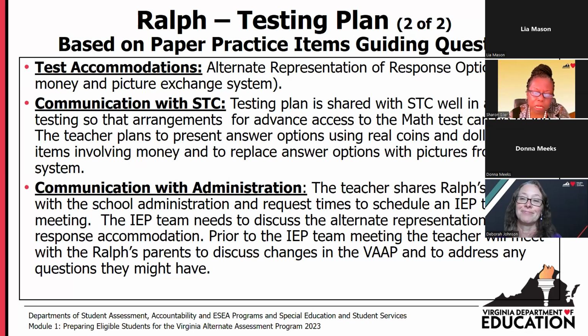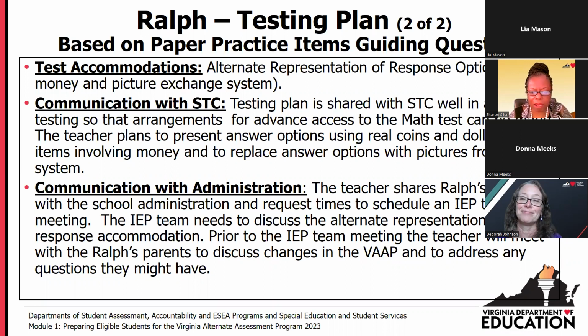But she also does something else that I think is really, really wise and important in this case. Prior to the IEP team meeting, the teacher wants to meet with Ralph's parents to discuss changes in the VAAP. Because when you think about it, Ralph, as a 10th grade student, was likely exposed in the earlier grades to the portfolio-based VAAP.